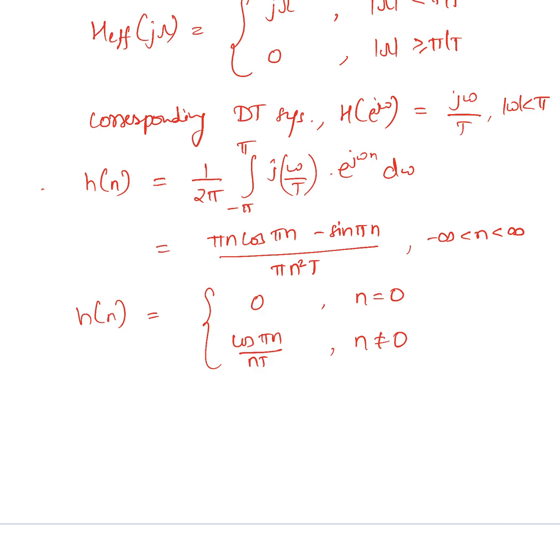So let's see very quickly, when n is equal to 0, you will get some sinc function type of term whose limit in fact becomes 0 in this case.